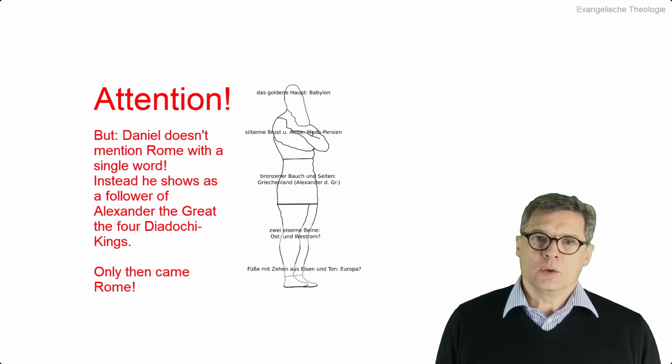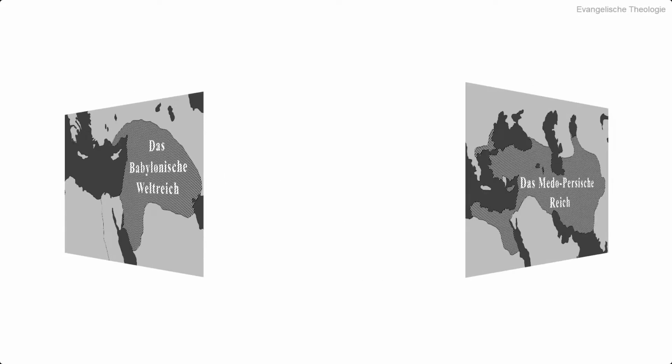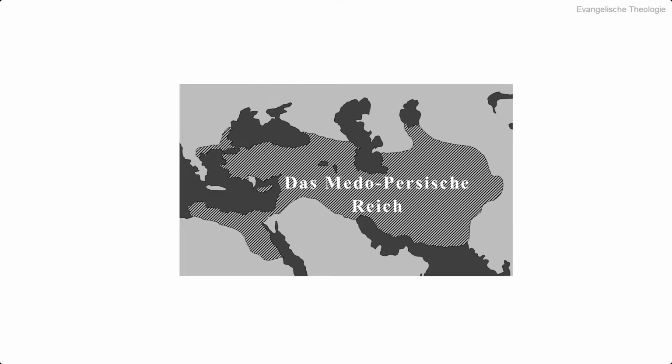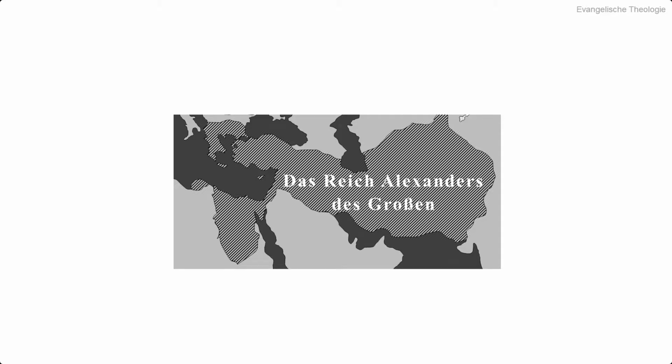The problem with the whole thing is that the geographical focus of Babylon was in the Middle East. The geographic focus of the Medo-Persian Empire was in the Middle East. And the empire of Alexander the Great also lay with its geographical emphasis in the Middle East.